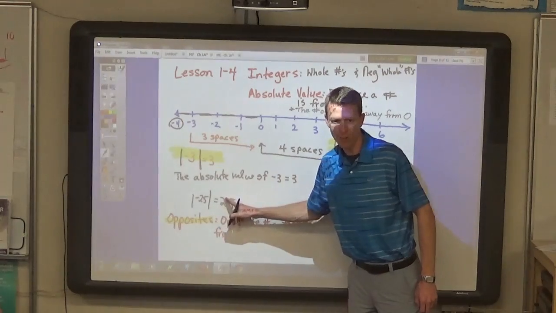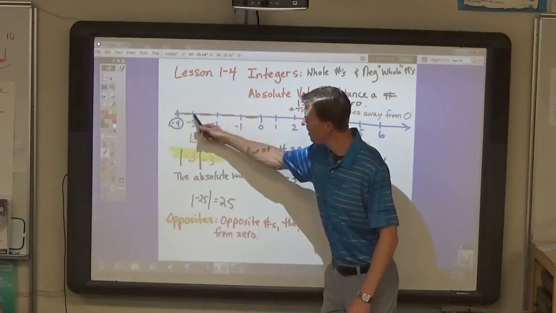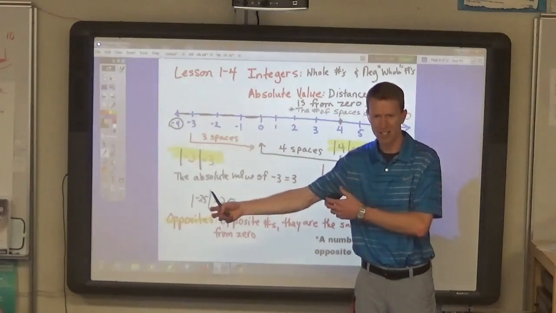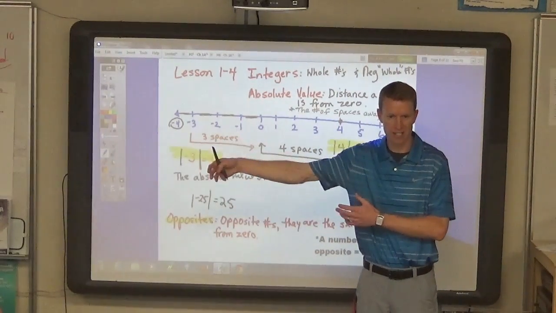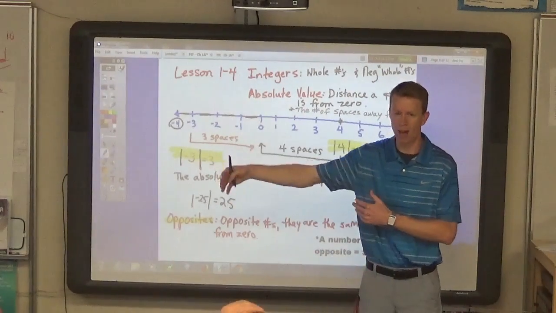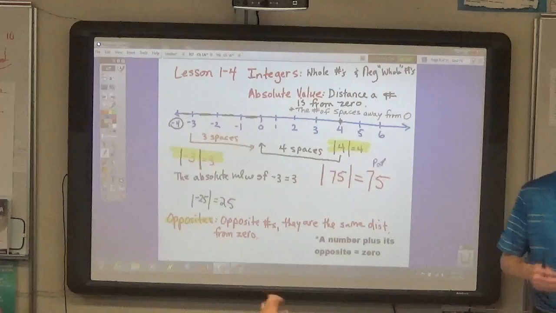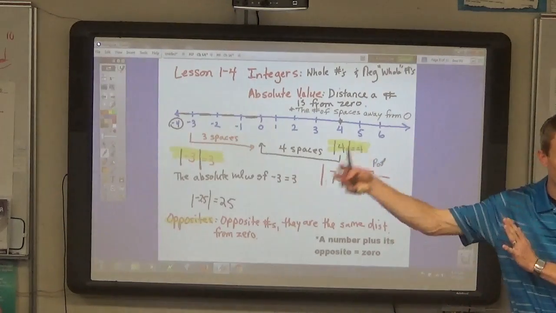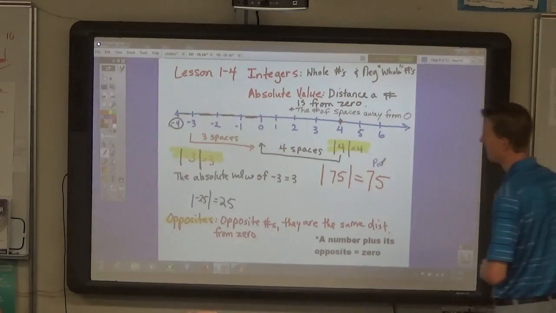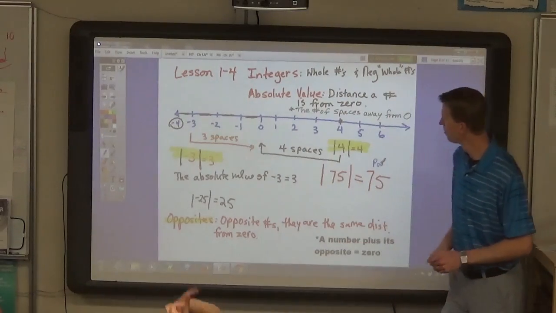It's also positive 25 because this is a distance we're talking about. It's not a negative distance. It's an actual distance. And so when you're talking about absolute value, we're talking about the distance from something. And it's a positive number. It's a positive amount. Okay?